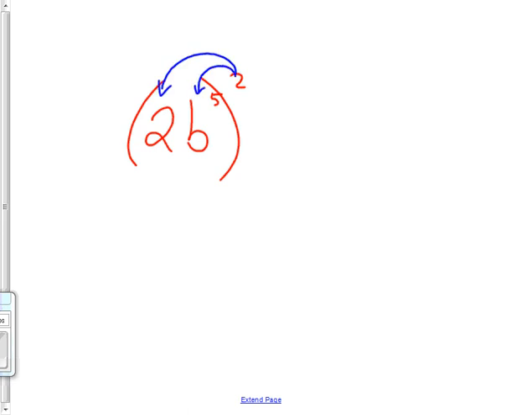How about if they're like this? 2b to the fifth, and the whole thing is squared. It's kind of like the distributive property. Anytime you see parentheses like that, you should be thinking, oh, this one goes to this one, and this one also has to go to that one. And so the answer would be 2 to the second, which would be 4, b to the 10th.